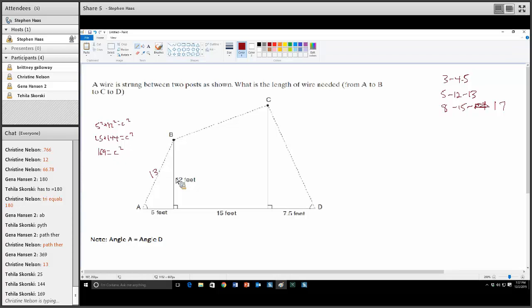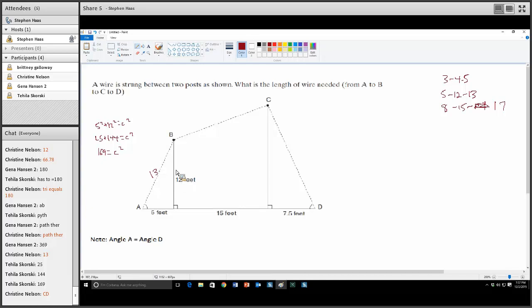Let's try to get CD first. I think CD is going to be a lot easier, yeah. Okay. So that's my hint to you. What did we learn about on Monday? On Monday we learned about similarity and similar triangles.